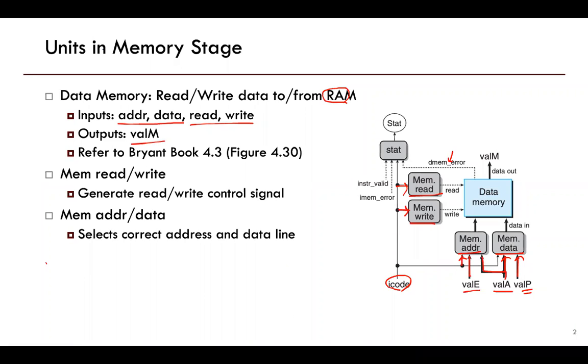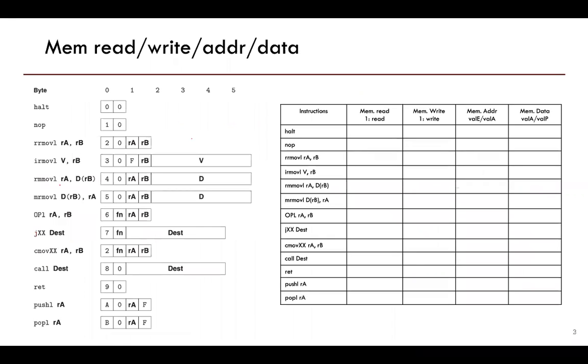Then let's see the actual selection logic for each of the four control modules. Like we did in the previous tutorial, I made one table for the four control modules, and each column is associated with one control module: mem read, mem write, mem address, and mem data.